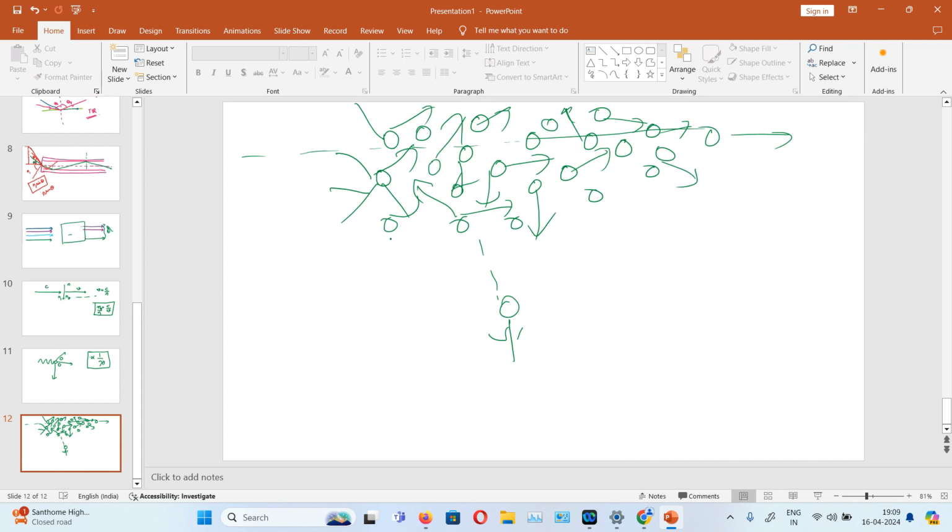But what happens in the case of evening? In the evening, when we are seeing the sun, the light actually travels a long way, and we are seeing that.